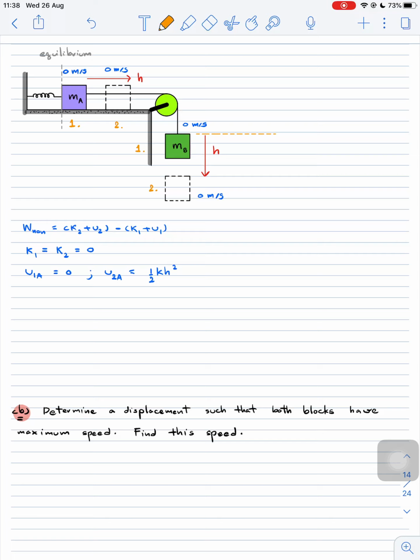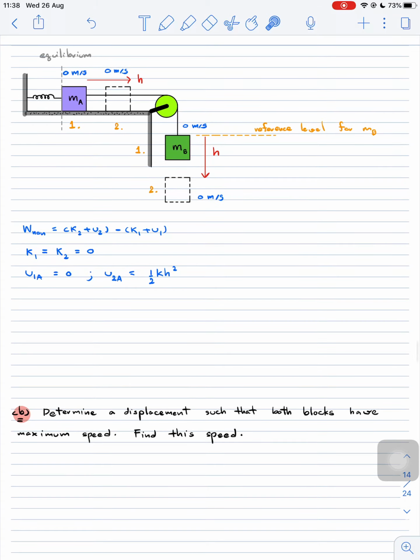So this will be the reference level for the block MB. Now, at the initial position, MB is at the reference level, so the gravitational potential energy must be equal to 0.